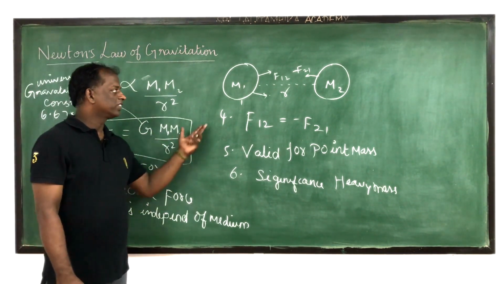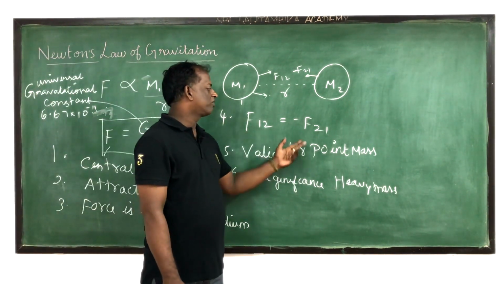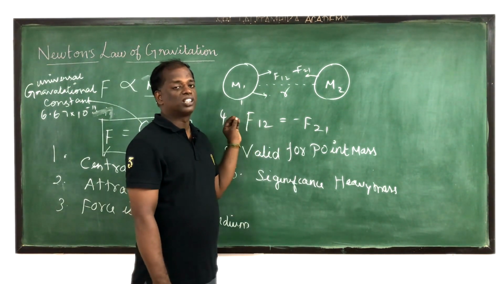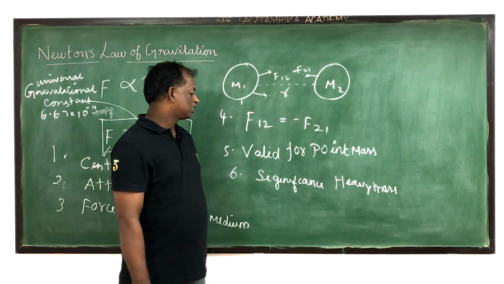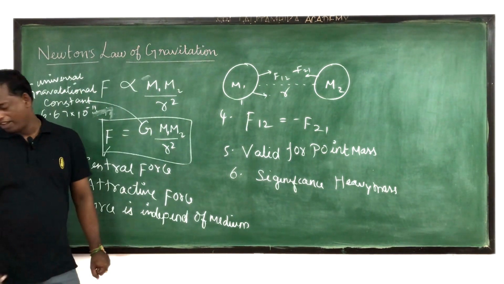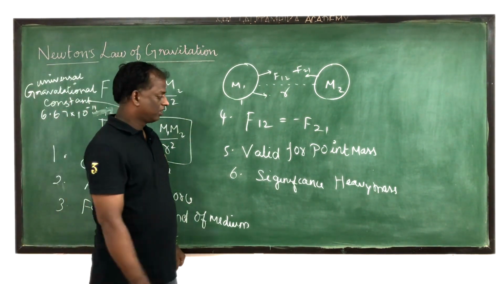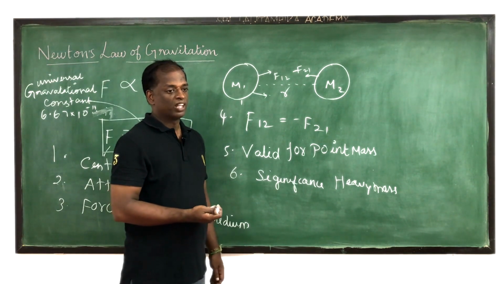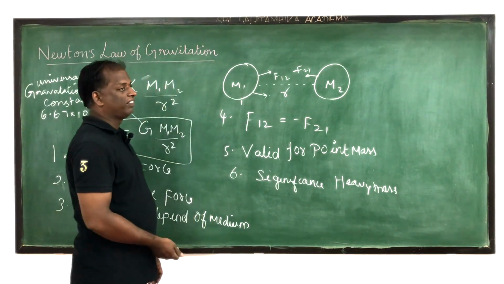Fourth one, the force F12 is equal to minus force F21 and it is valid only for a point mass. நம்ம எது கன்சிடர் பண்றோமோ அதுதான் வந்து. Sixth one is significant is that it should be an heavier mass or heavy mass. அதாவது அதோட weight வந்து ரொம்ப ஜாஸ்தியா இருக்கணும். So இதுதான் நியூட்டன்ஸ் லா ஆஃப் கிராவிடேஷன்.